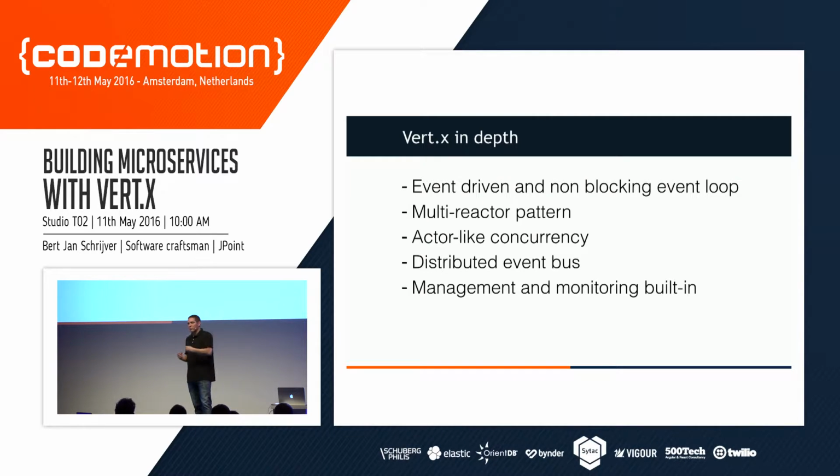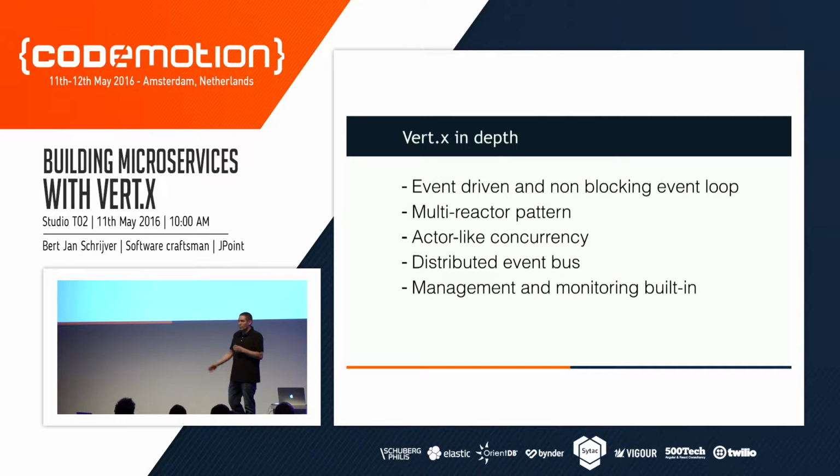So Vert.x implements the multi-reactor pattern, where by default as many event loops are created as there are cores on the machine. If you have 4 cores, you have 4 event loops. The cool thing about this, besides sounding pretty complex when you first start to work with it, which isn't cool, is that this creates a kind of actor-like concurrency.